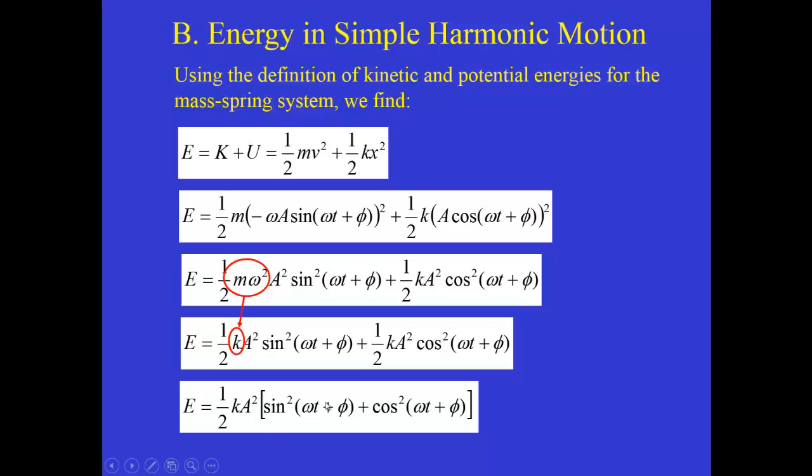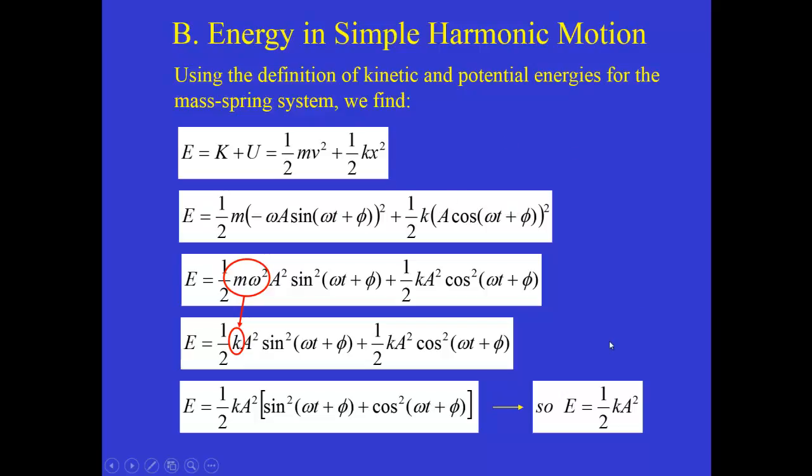No matter what the value of t is or the value of phi is, as long as the t and the phi are the same in those two arguments, sine squared plus cosine squared will always equal 1. So what this shows us is that although as the mass oscillates back and forth, it exchanges kinetic energy and potential energy, and the kinetic and potential energies do indeed change with time, as we can see here in the expression for the total energy.